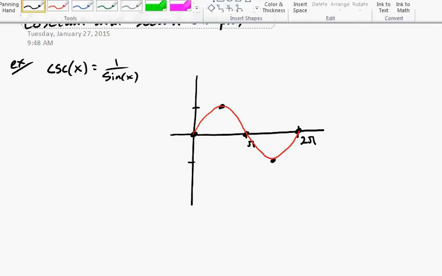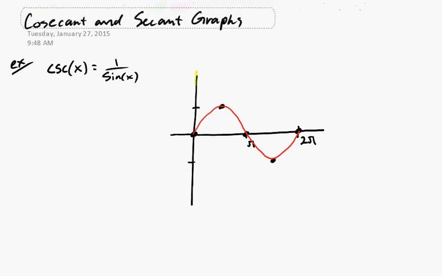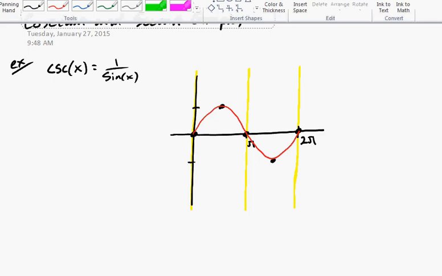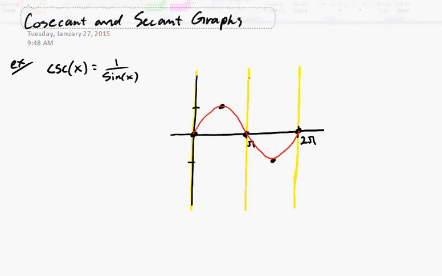So, let me highlight here, we have one place where sine is 0, two places where sine is 0. We have it actually every single pi. So those are vertical asymptotes. If you're doing a graph on paper, you would want to put a dotted line going through these highlights, whenever the graph touches 0.